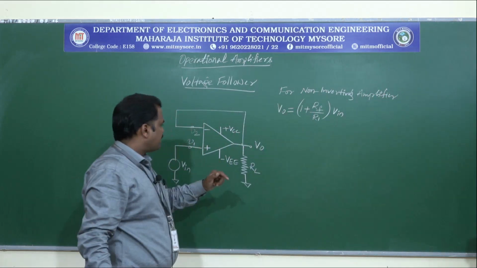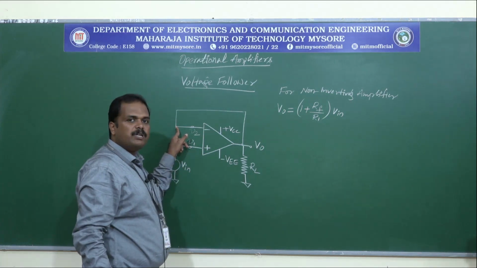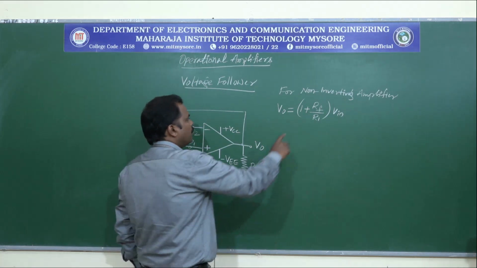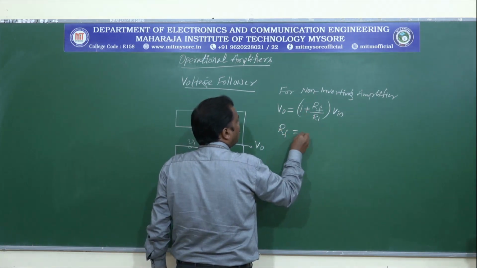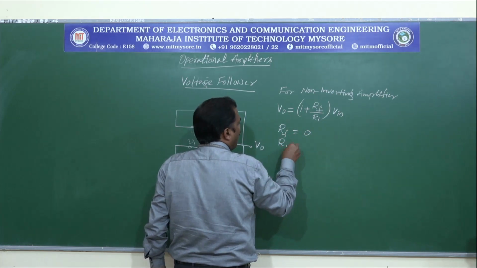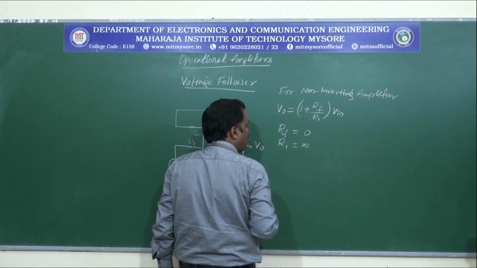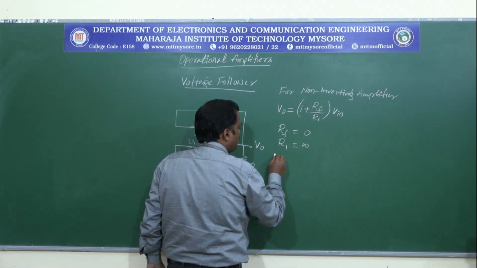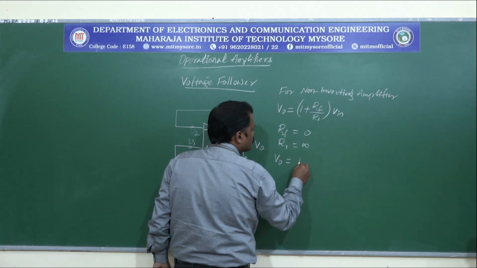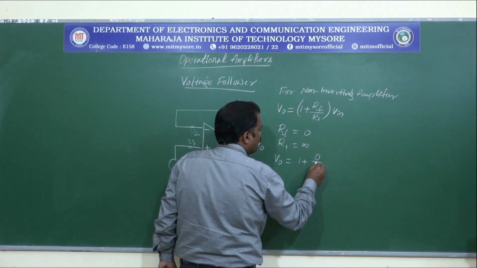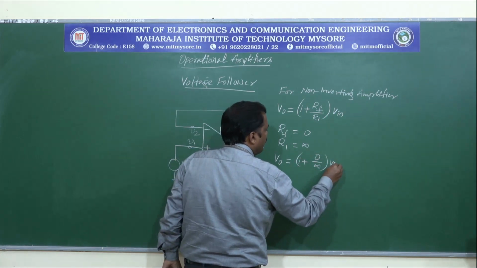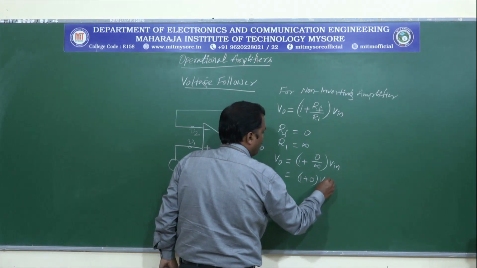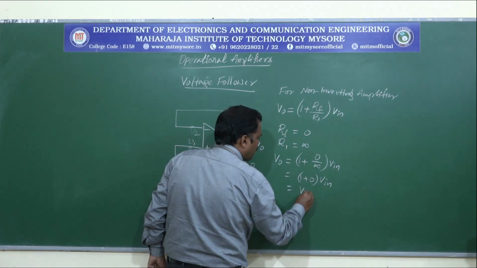But in this case, as I indicated, the input element has been open circuited and the feedback element has been short circuited. So here Rf will be equal to 0 and R1, the input element, is going to be infinite because of the open circuited condition. So substituting these here, we have V0 equals 1 plus 0 by infinity into Vin, which is nothing but 1 plus 0 into Vin, which is nothing but Vin.